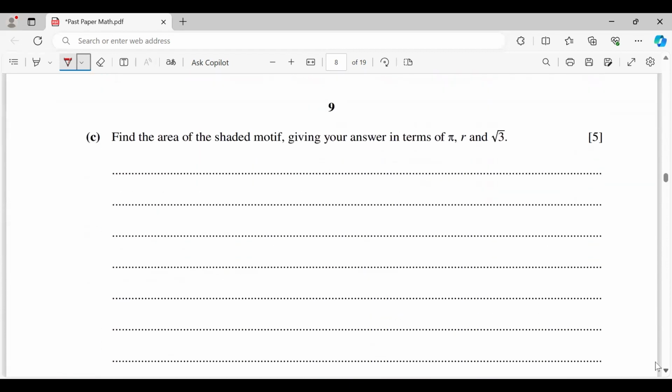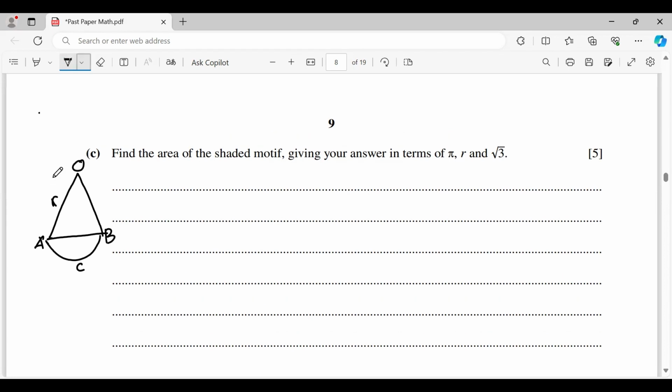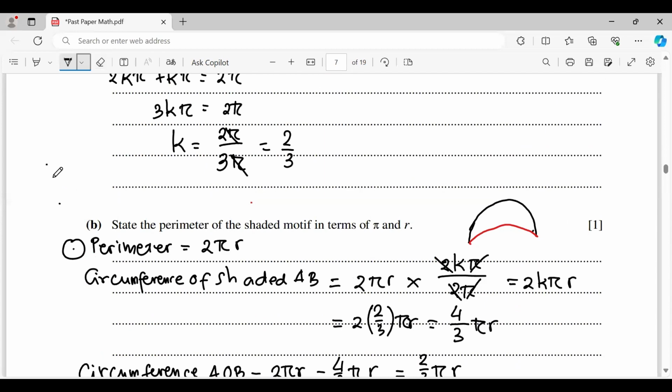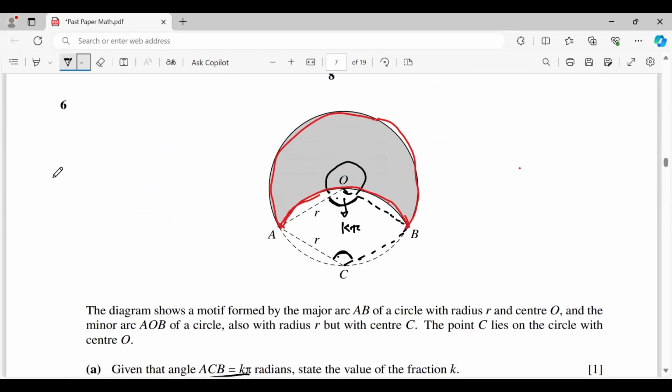Okay. C, find the area of the shaded motif, giving your answer in terms of pi, r and square root 3. So firstly, I'm going to explain. You're going to find the sector area. This is ACBO, this radius, I mean this sector.